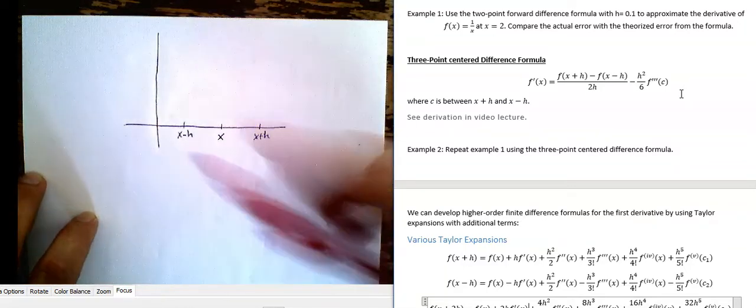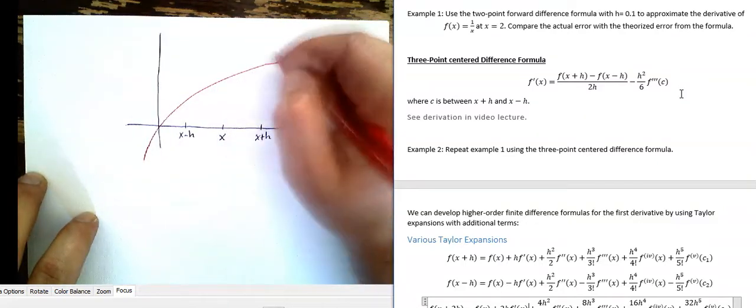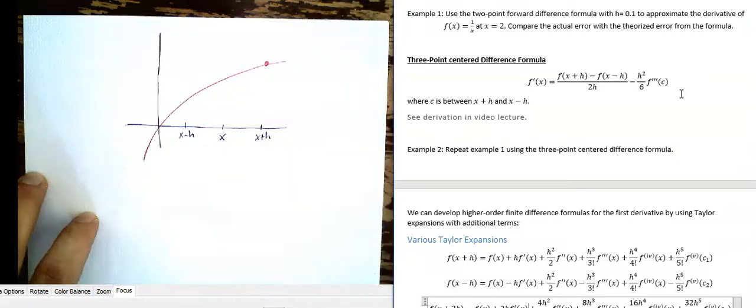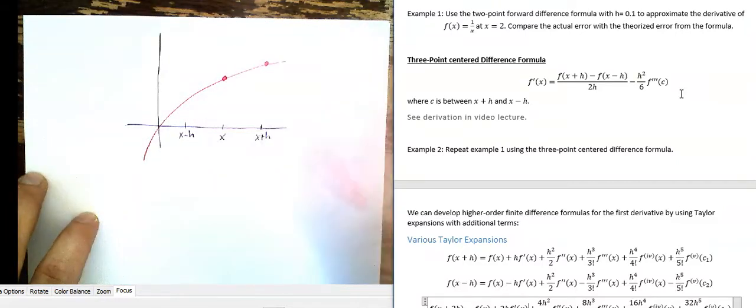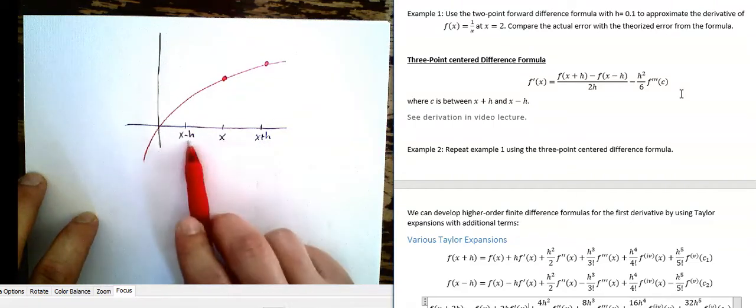Let's draw our curve again. Something like that. So this time we have 3 points. We're concerned with finding the slope of the tangent line at this point, at x, right? We want f prime at x. And we're going to utilize the 2 points that are surrounding it, right?